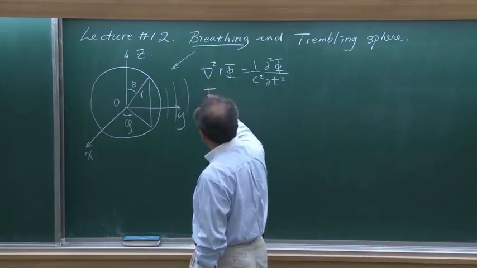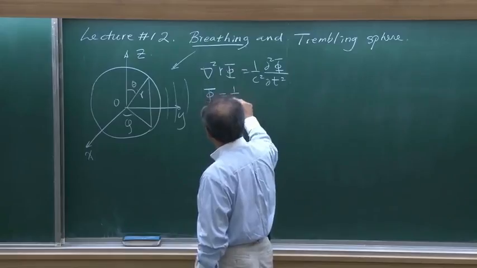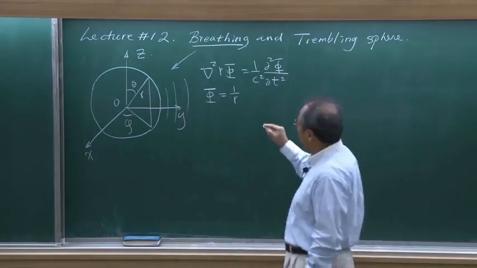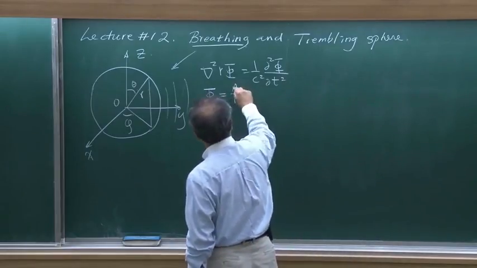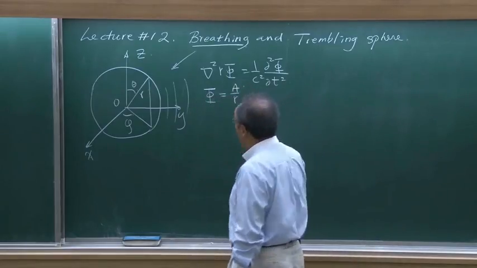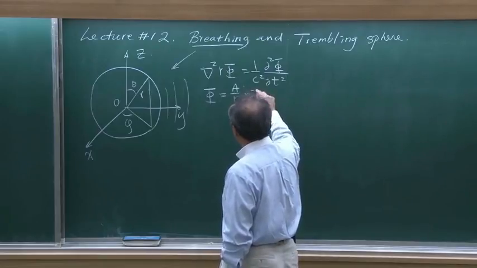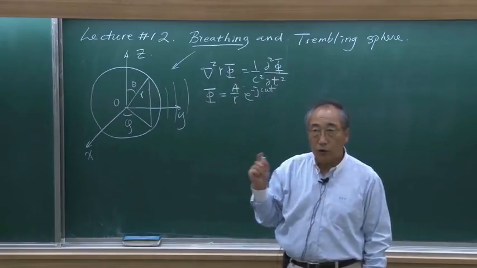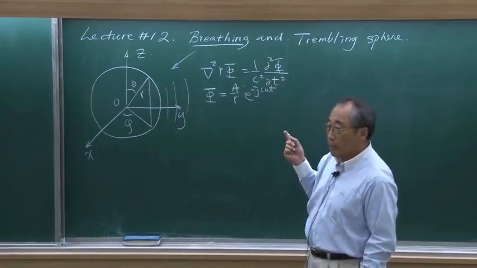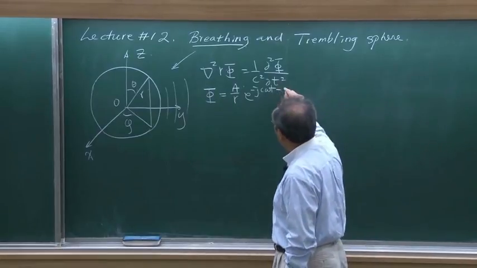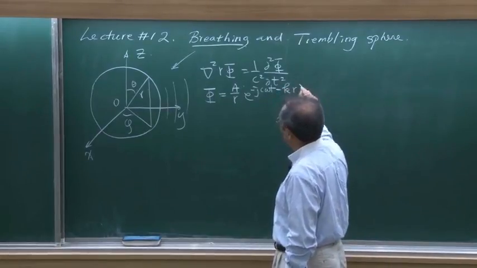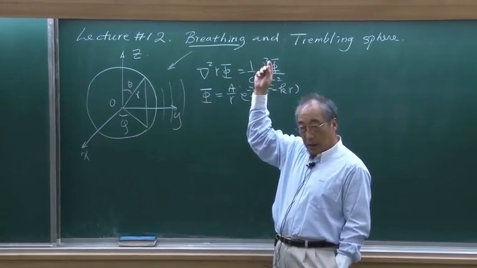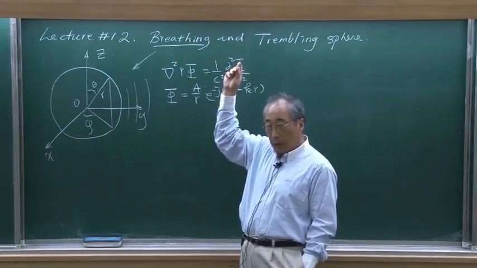Therefore, we get phi proportional to 1 over r, and then an unknown amplitude we call A, and then it oscillates with respect to time harmonically, we assumed. Therefore, we can write e to the minus j omega t, and then it is moving away from the center. Therefore, we can say the spatial dependence would be kr.